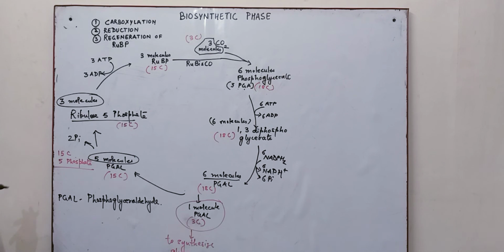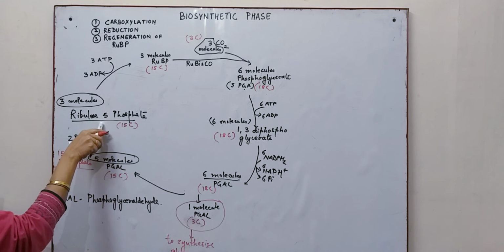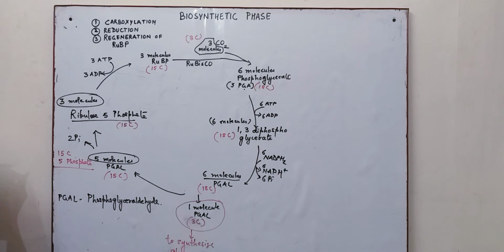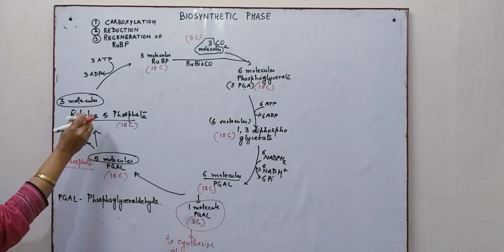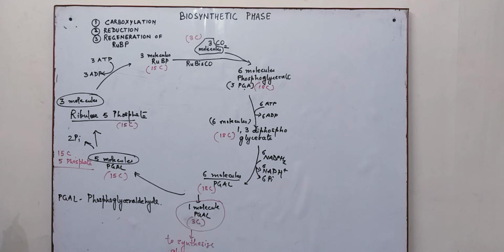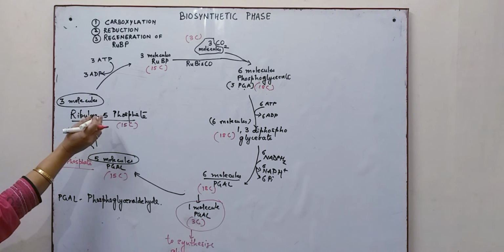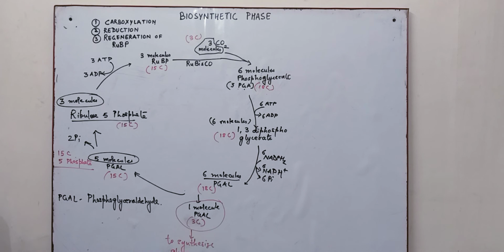So 3 molecules of ribulose 5-phosphate are produced, and each molecule has 1 phosphate. So it is actually ribulose monophosphate. And why are we writing ribulose 5-phosphate? Because each molecule has 1 phosphate group which is attached at carbon 5. Therefore, the number 5 is mentioned there.